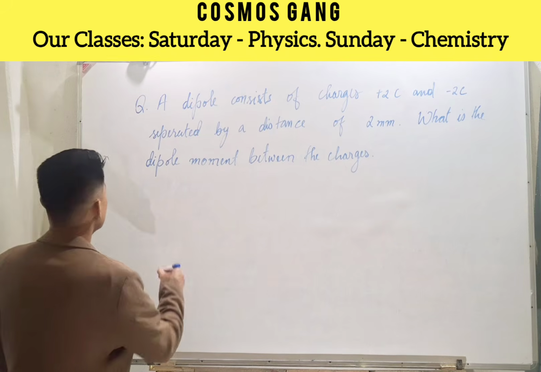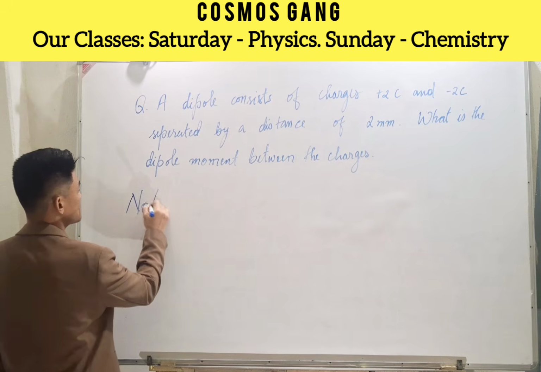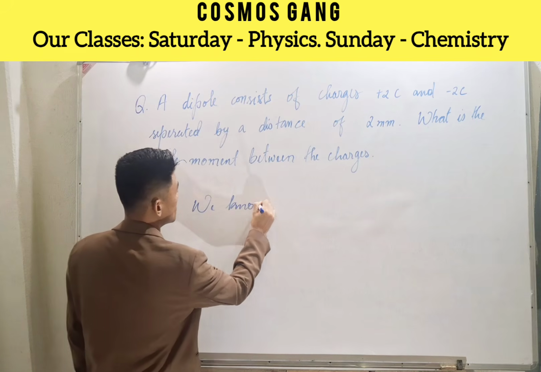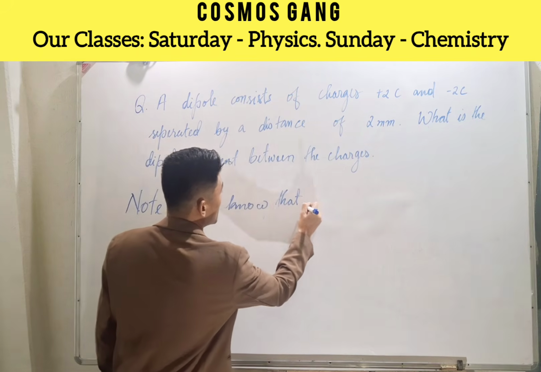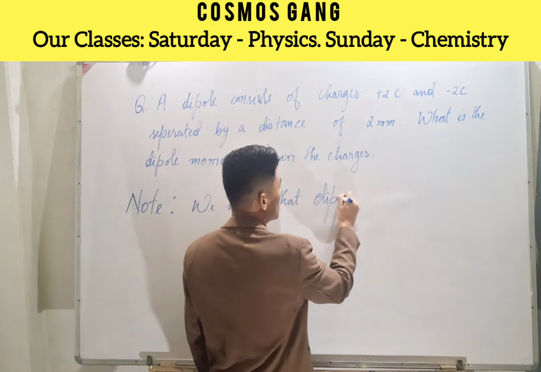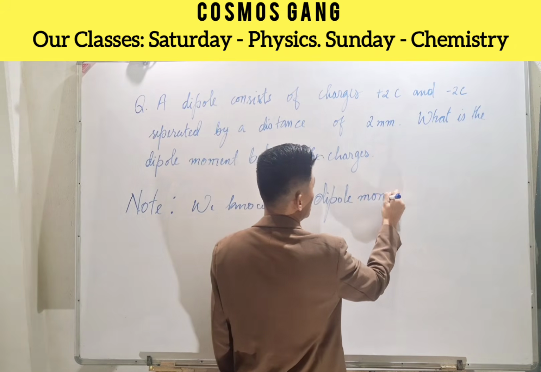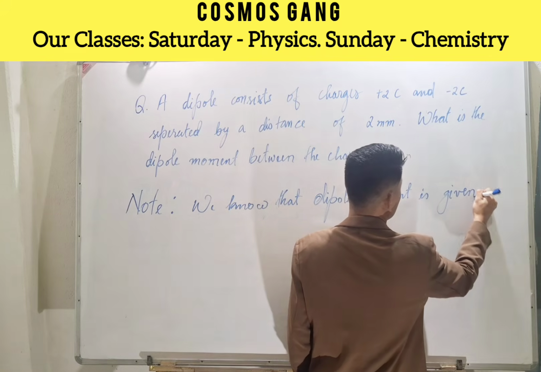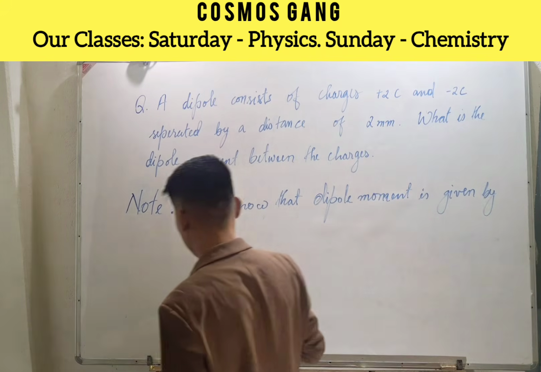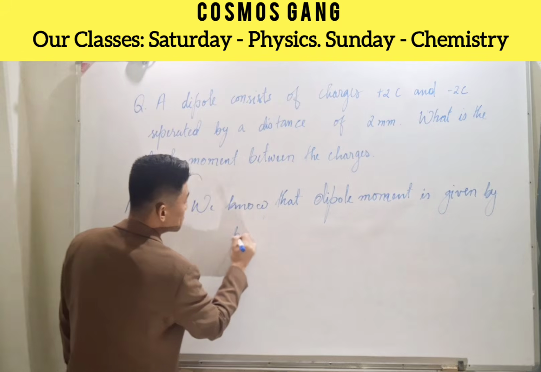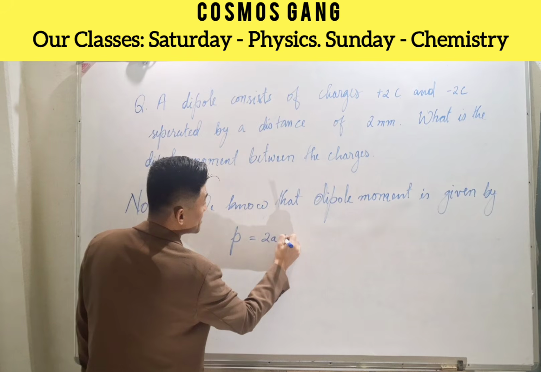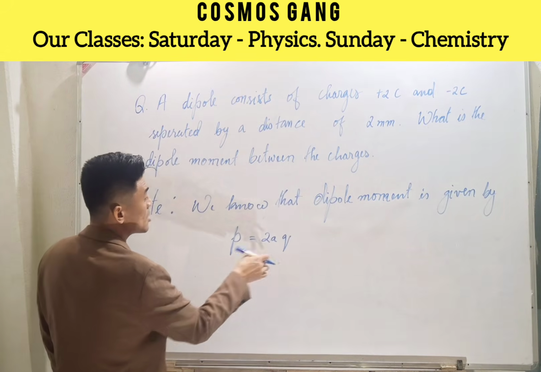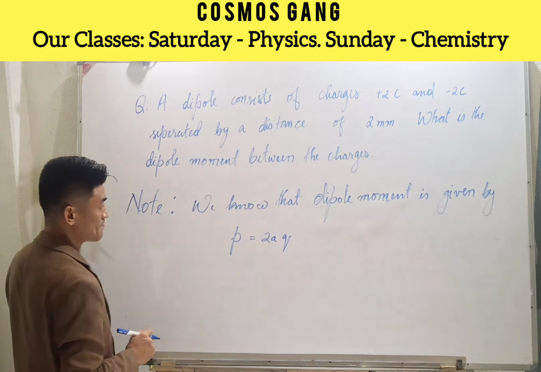Now in here, note, we know that dipole moment is given by P equals 2AQ, the product of the magnitude of either of the charges and the distance between the two charges.